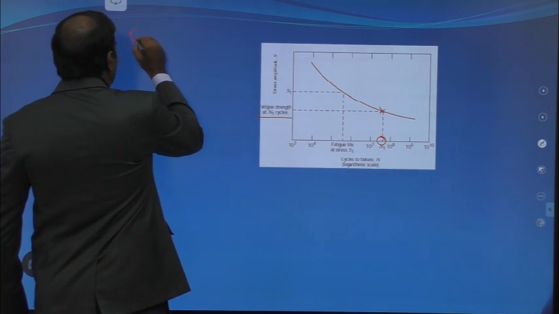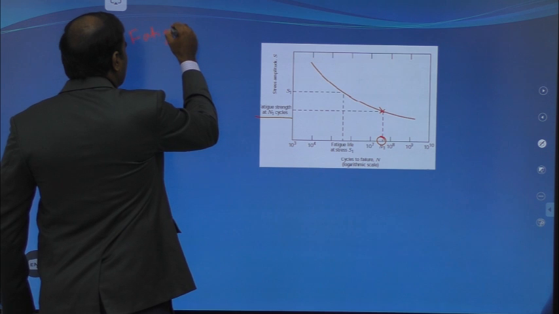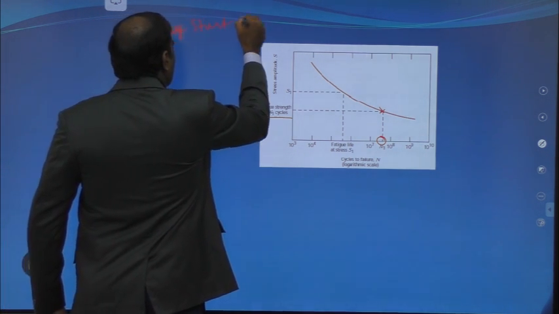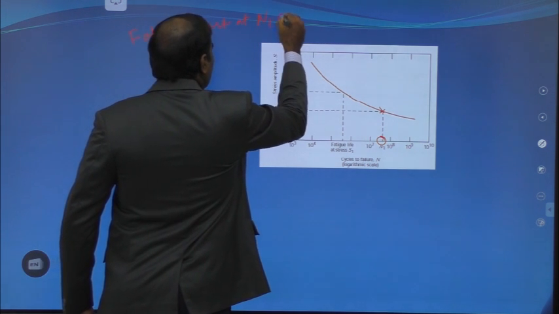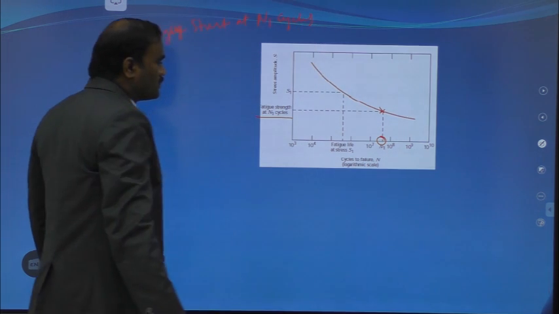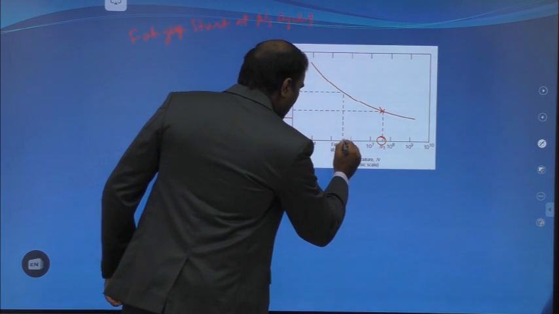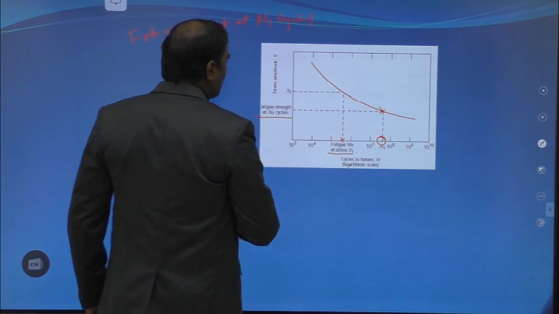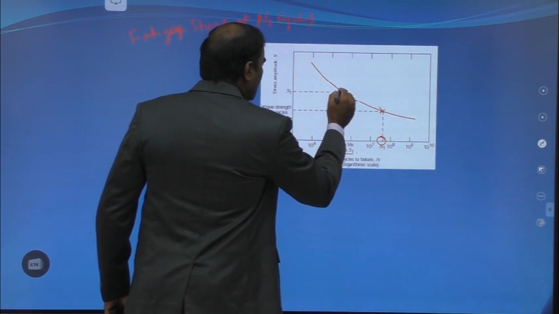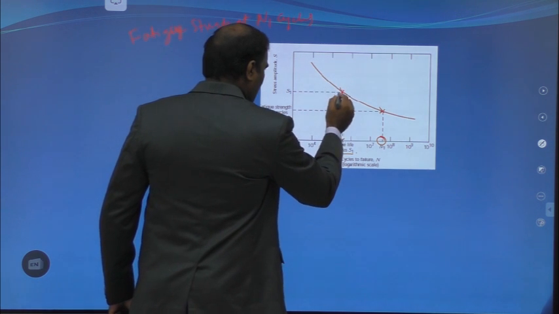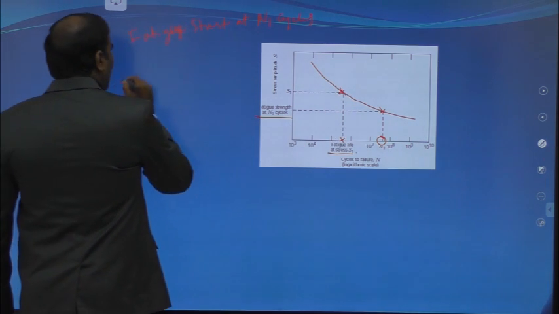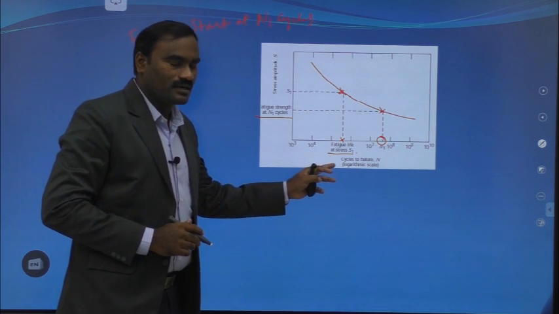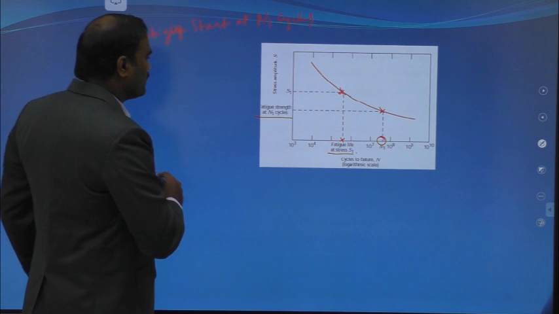That's why it is called fatigue strength at N1 cycles. Similarly, fatigue life is at stress S1. Here I keep the stress constant and measure the number of cycles that are required for fatigue fracture of the material.